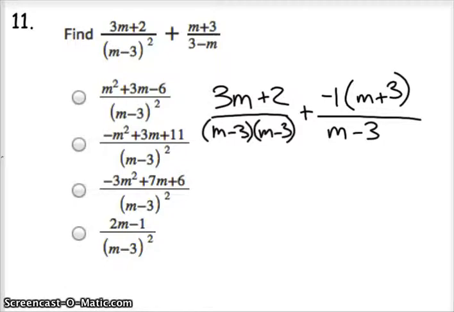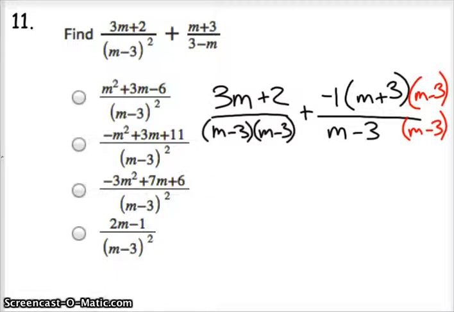Now I need a common denominator. In order to get a common denominator, I need to find how can I change my m - 3 on my right to be the same as (m - 3)². And all I have to do is add another m - 3. So I'm going to multiply the top and the bottom by m - 3. That way my bottom two terms will both be (m - 3) times (m - 3).